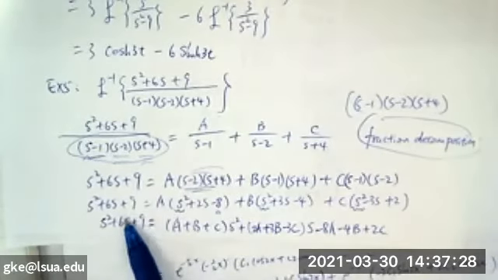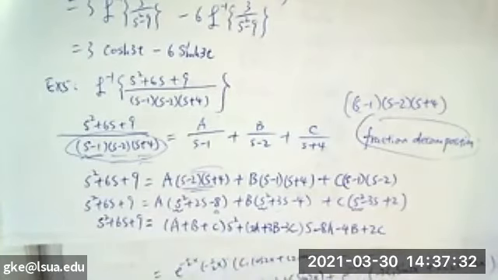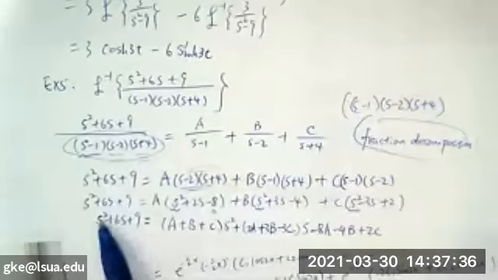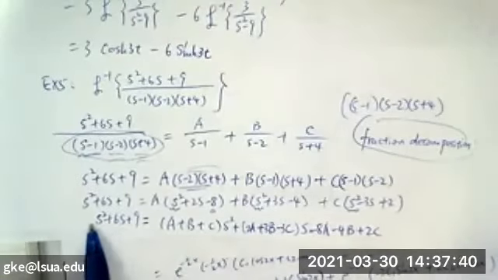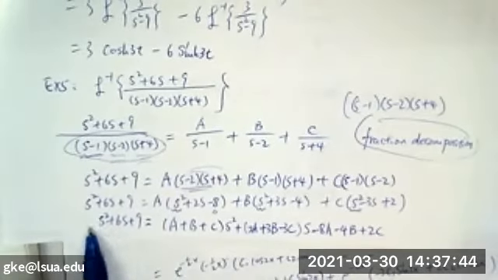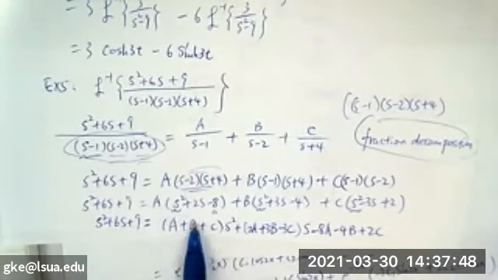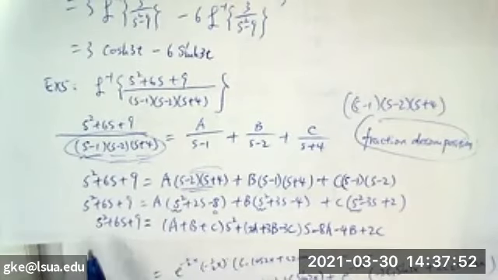Since the left-hand side always equals right-hand side, what does that mean? That means the coefficient for each term should equal each other. For example, the coefficient of s squared equals 1 on the left-hand side. That means a plus b plus c should equal 1.